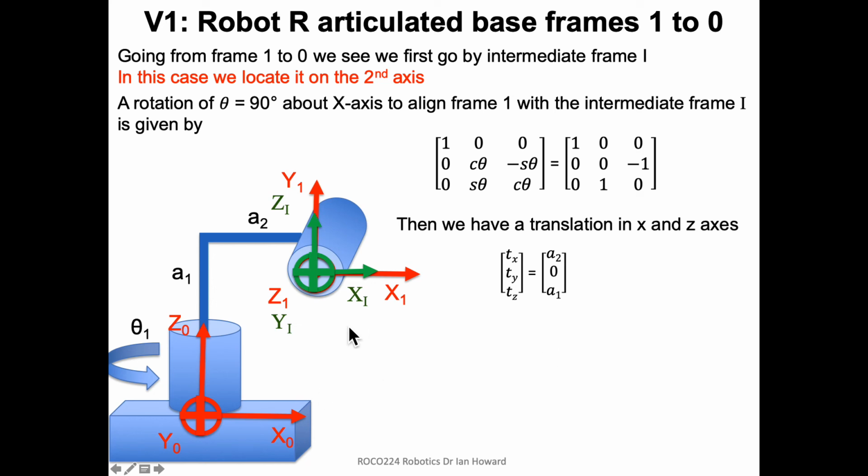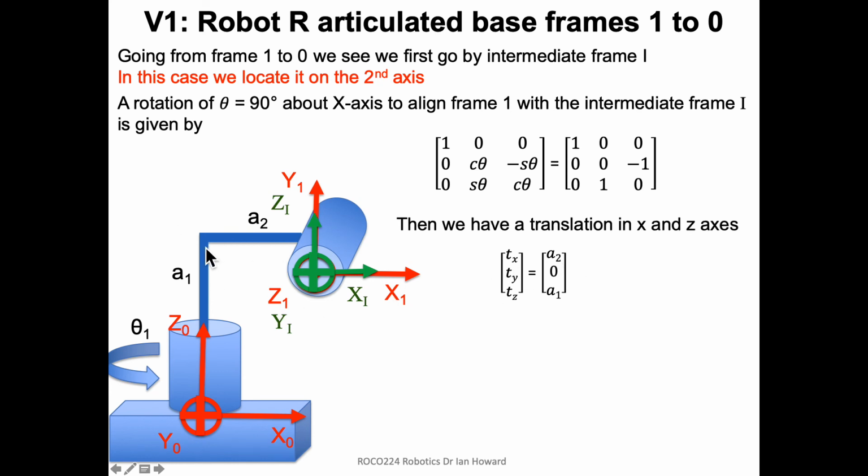Now the translation then, the translation is going to be the translation after you've rotated the frames. Sorry, it's going to be translation of A2 in the x-axis for sure, because we're not doing anything with them. So the x-axis has got to be A2 shift, right? That's what we've got here.